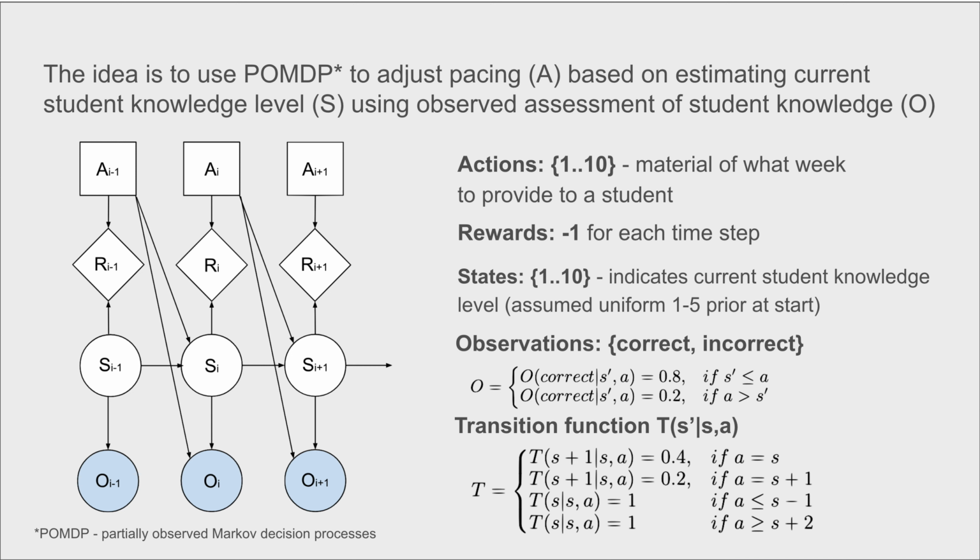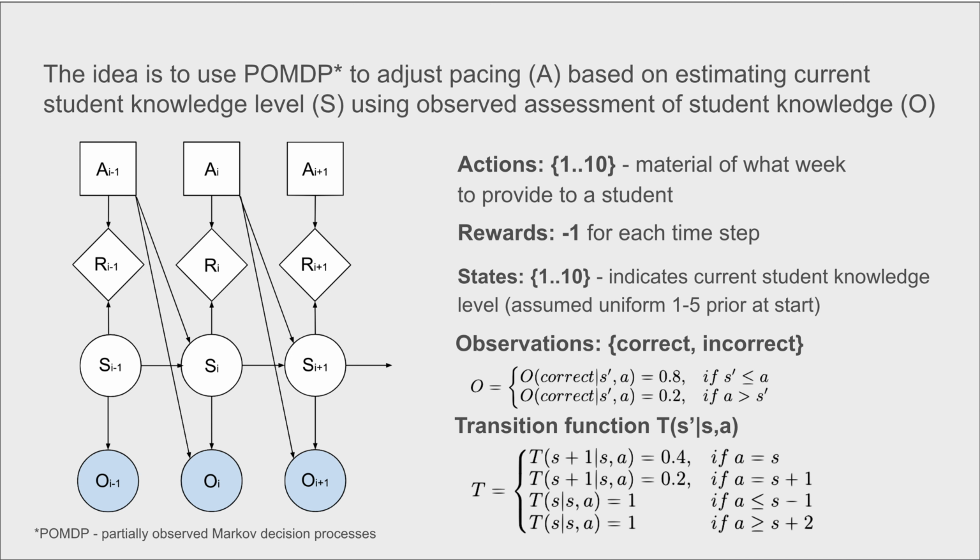There is a reward of -1 for each time step. There are 10 knowledge states overall that indicate the student knowledge level, and we assume that there is a uniform distribution of 1 to 5 at the start of the course. We also make some assumptions with regards to the observation and transition function.